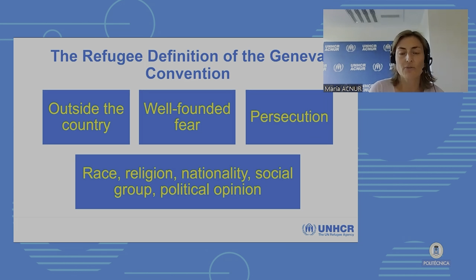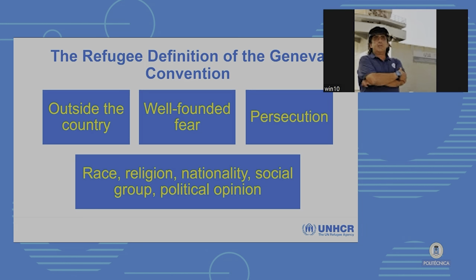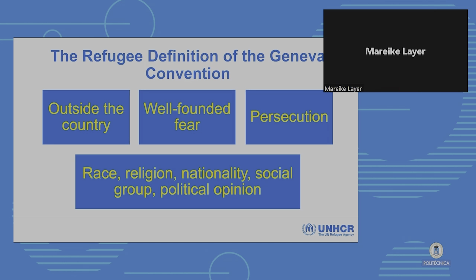It's true that it's very frequent that grounds of the Geneva Convention, like race, religion, nationality, are kind of mixed. It's normally not that clear that a person's situation can be put in just one of these grounds. Race, religion, nationality are very frequently mixed up to determine one's identity. So we would talk, for instance, about nationality.